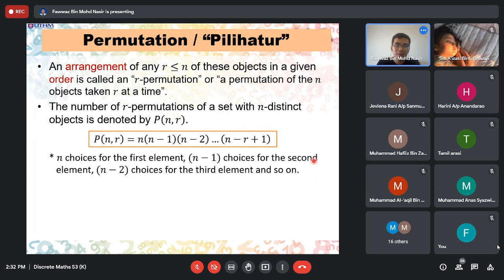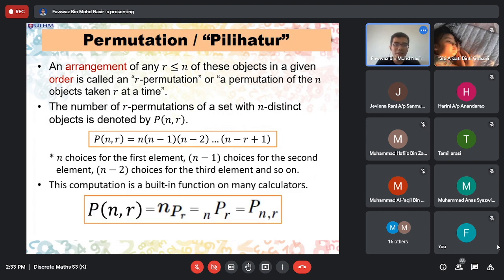Okay. So basically for permutation, dia ada built-in function dalam calculator korang. Okay. So you can just use the built-in function. Tetapi kita kena tengok situation. Ada situation yang kita tak boleh pakai dia punya built-in function dia. Dan ada situation yang kita boleh pakai built-in function. Jadi nanti kita akan tengok situation mana yang kita tak boleh pakai built-in function dia. Kalau tidak kita dapat the wrong answer.